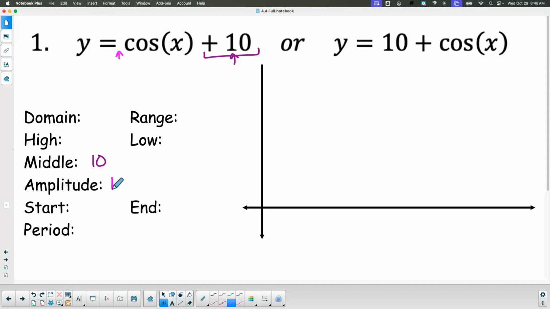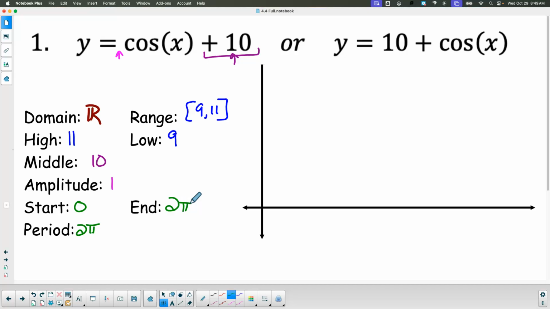So now, distance from my middle to my high is my amplitude. Where would my high now be? It would be at 11. Where would my low now be? At 9. Which means my range then is now from 9 to 11. Those green ones we'll get to tomorrow.